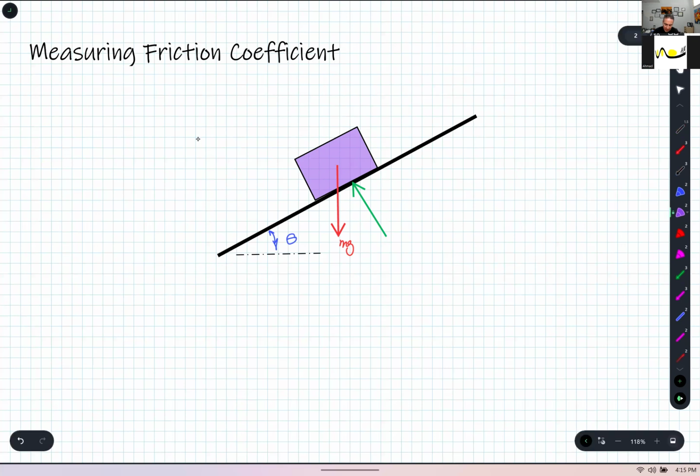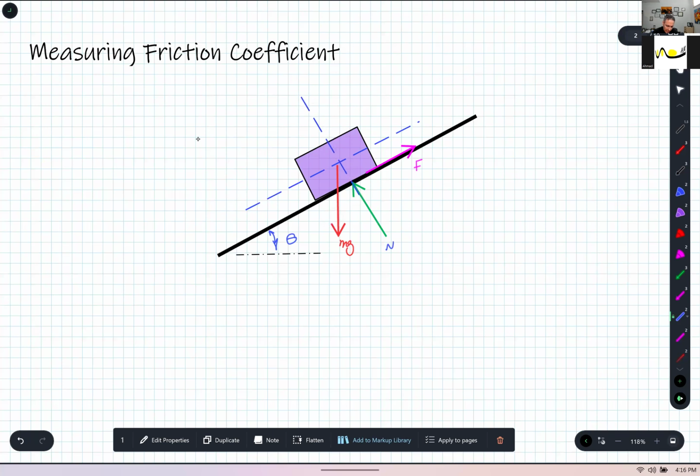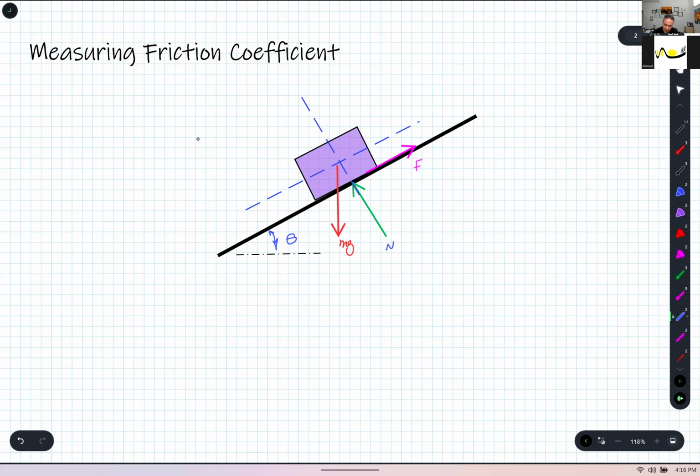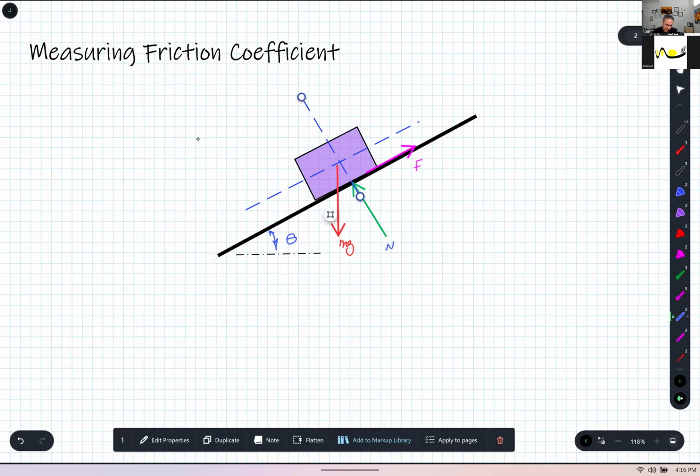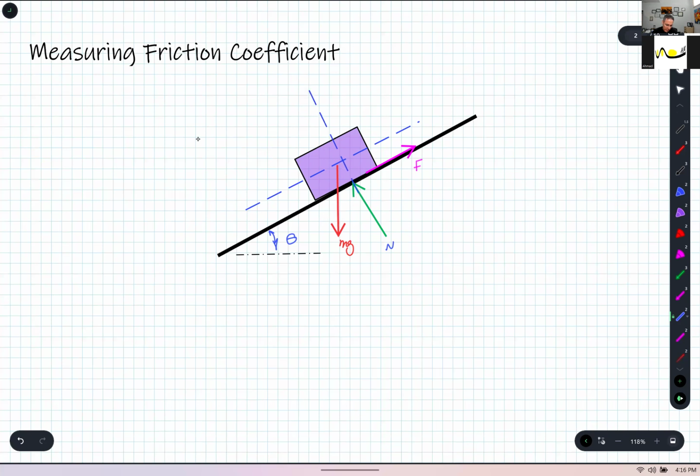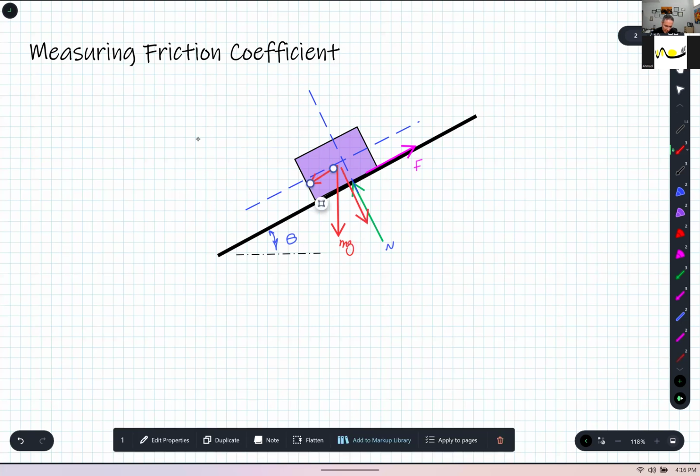Let's call that one N. And of course, I have the resistive force, which is in the opposite direction, F. Now, if I find the components of this load, mg, in, let's say, x and y directions, what I expect to see here is the two components of this mg.